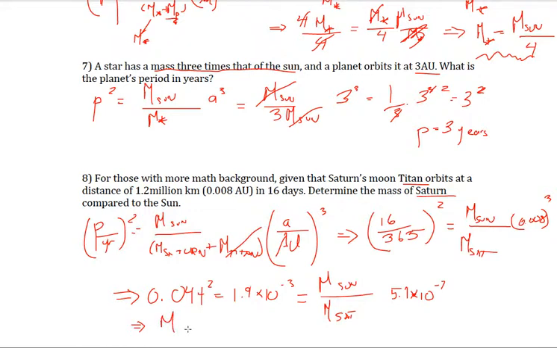And so in the end, when I do that, and you can do that part yourselves, m Saturn is 5.1 times 10 to the minus 7 divided by 1.9 times 10 to the minus 3 times m sun, which is 2.7 times 10 to the minus 4 times the mass of the sun.